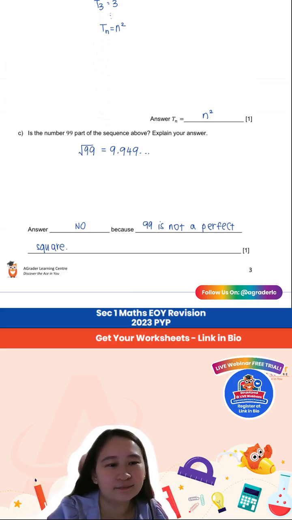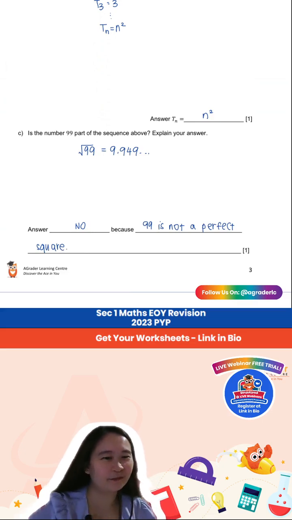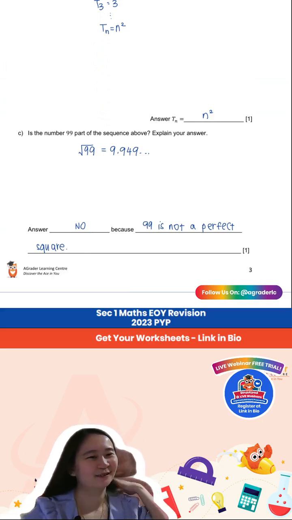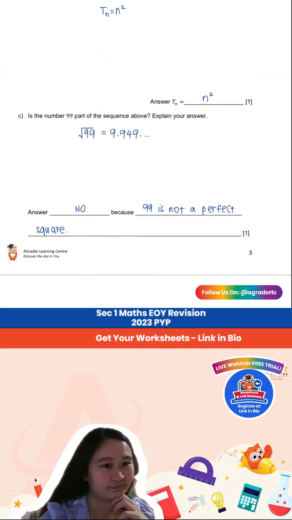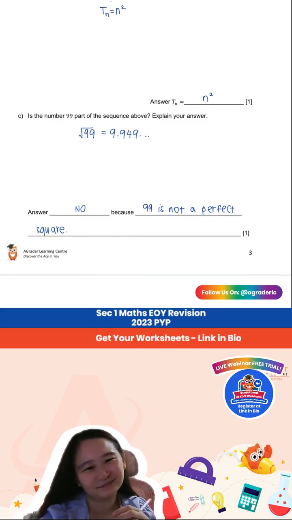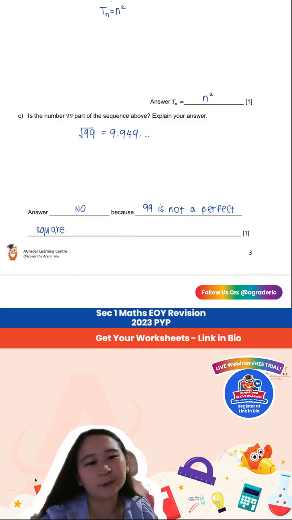All okay? Can we move on to question 4? Which one is difficult? Because it's Sec 1 work now. Yeah, just primary 5, right? Are you going primary 5 or primary 6 next year?